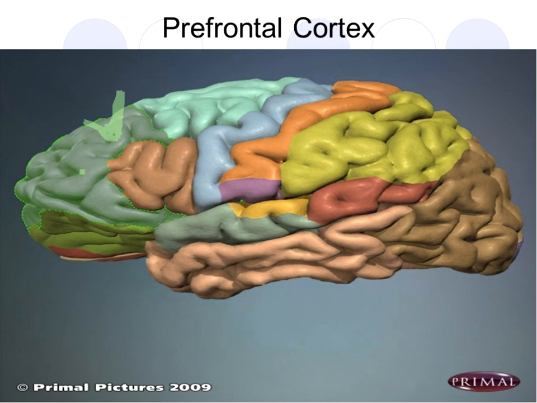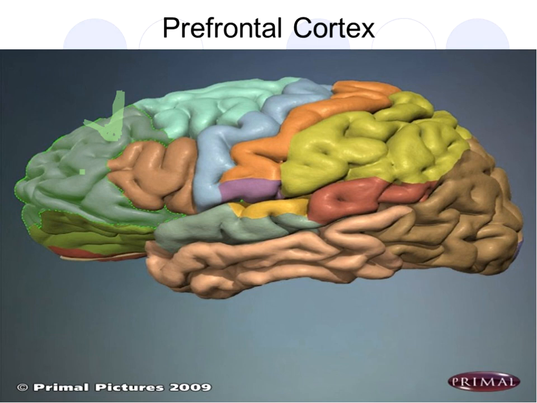But I also want you to look at area 4. Area 4 is the primary motor cortex or the precentral gyrus, and this is in the frontal lobe. So this is where that homunculus hangs upside down. And if you look at figure 2.6a, you see a man hanging upside down on the precentral gyrus or the primary motor cortex.